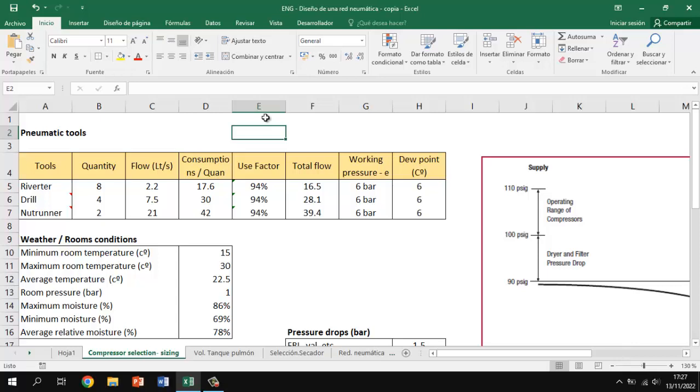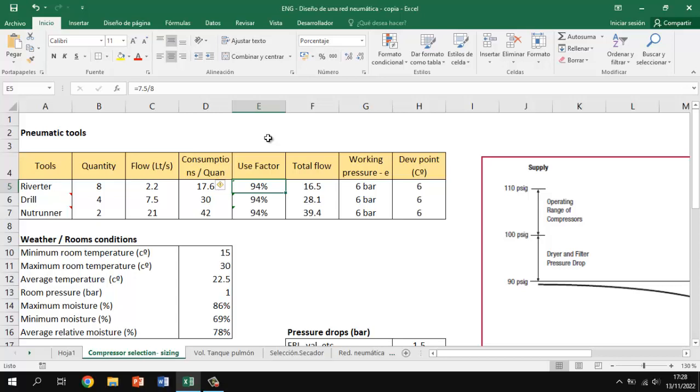So there's a time that you are not using the pneumatic tool. So I put 0.94. What does it mean? Of all the time that you should use these pneumatic tools or the reverter, you are really using them 94% of the time. You can also consider 100%. It's possible, or less. That is going to depend on the working situation that you have.